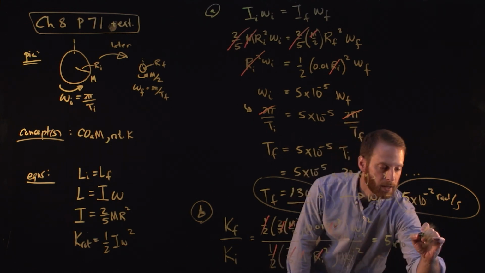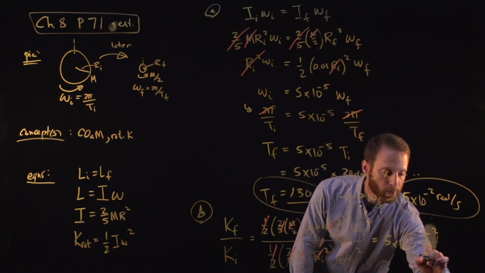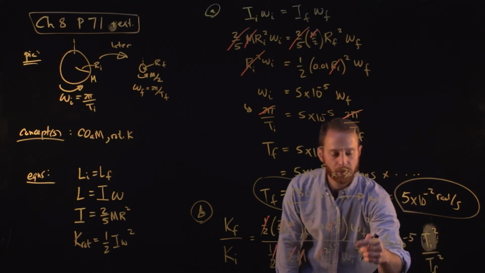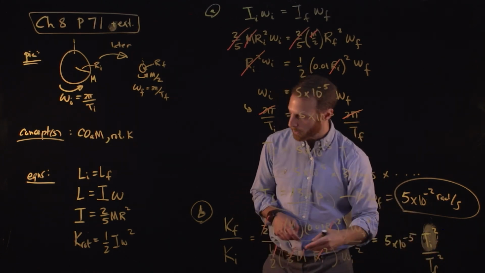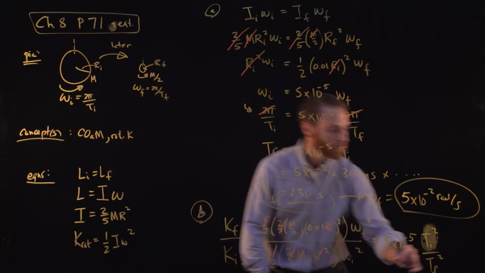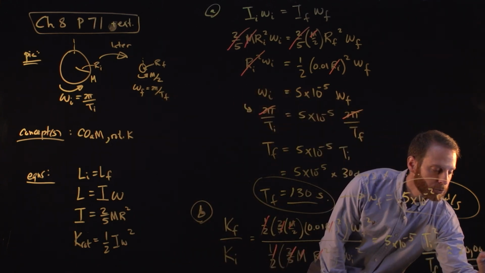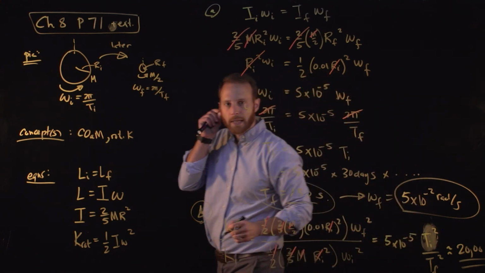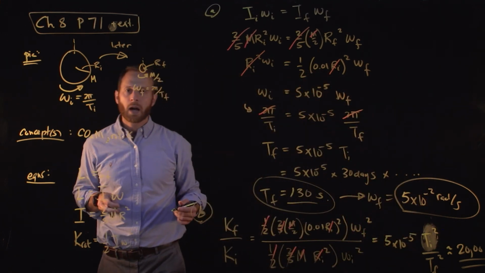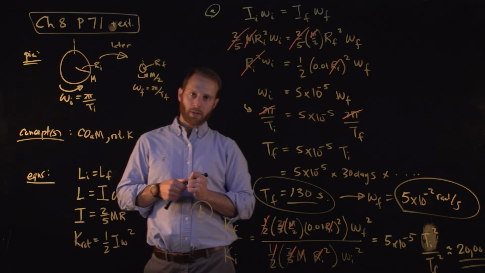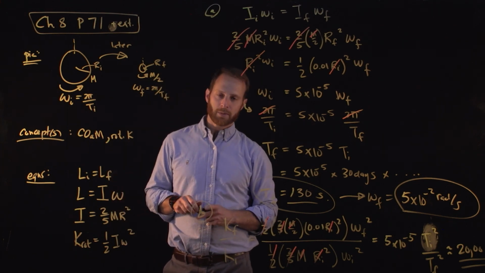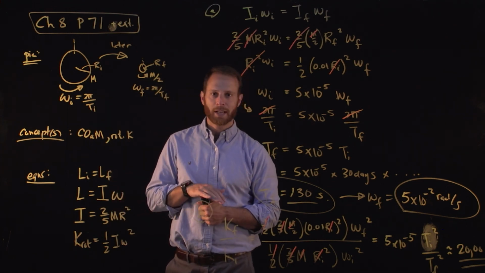That turns out to be the period initial squared over the period final squared, because these things are inversely proportional to the periods. In any case, what you find is that this is approximately 20,000. That's the interesting result here, is that in the end, the kinetic energy is about 20,000 times bigger than what it started with. And part C is for you to think about deeply, where does that extra kinetic energy come from?